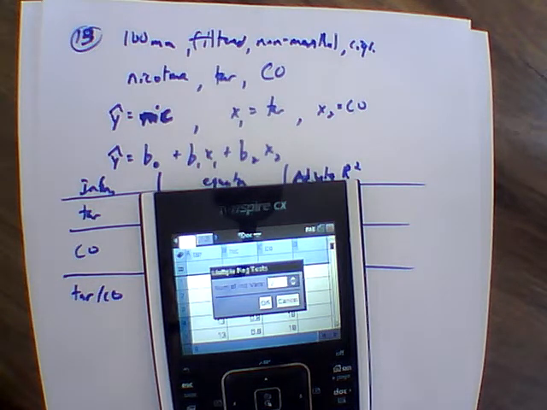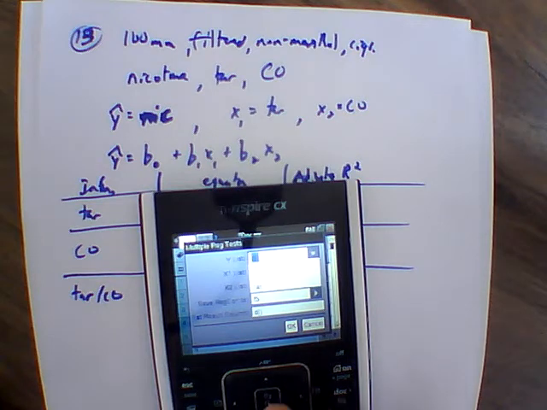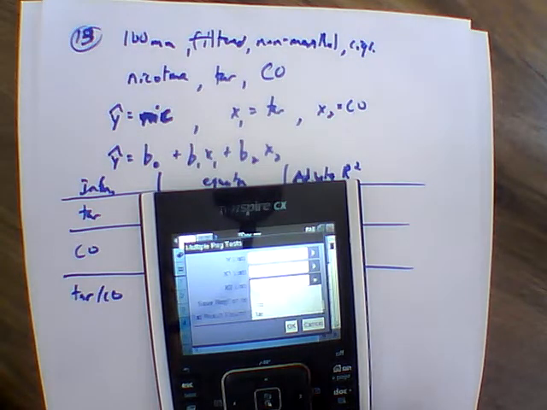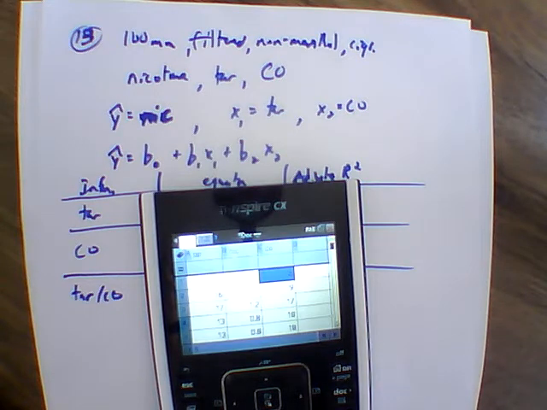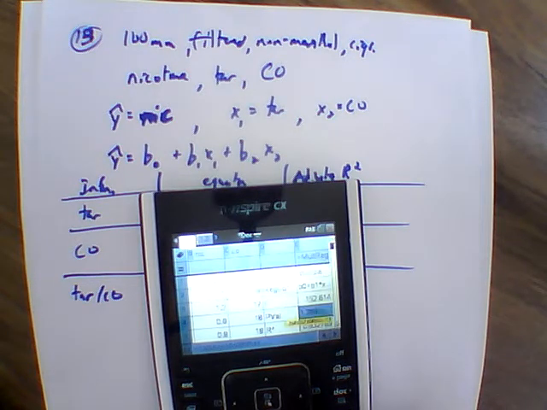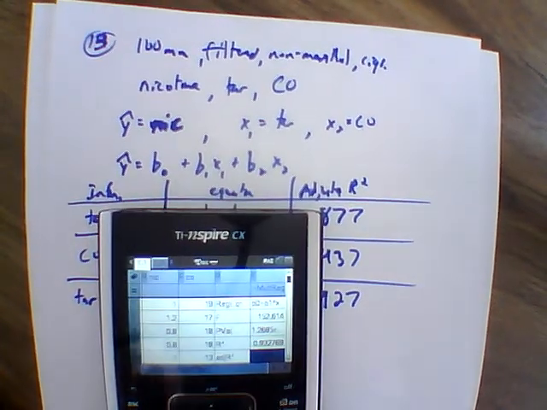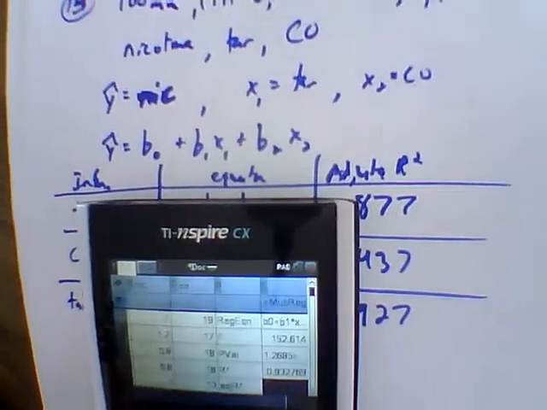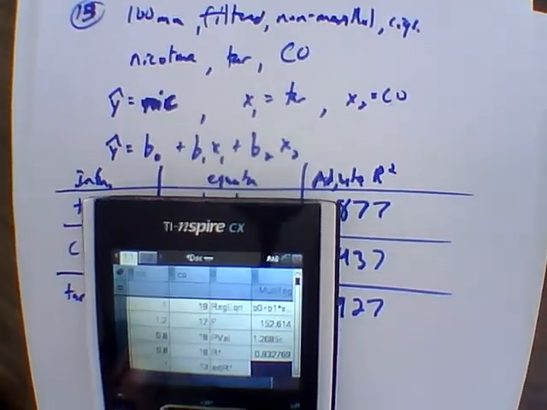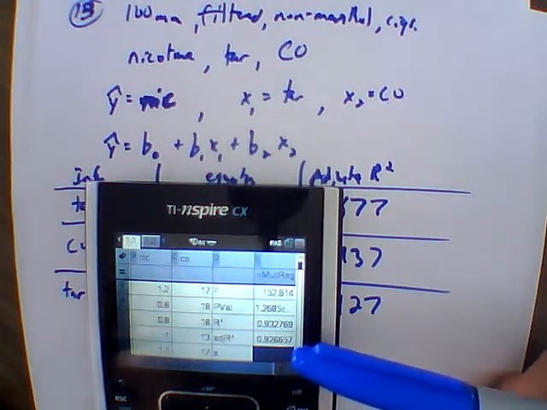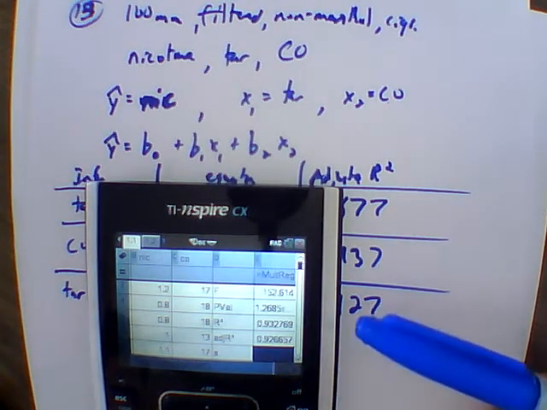We have 2 variables that we chose. So this was our nicotine. Our X1 was tar. Our X2 was carbon monoxide. And in here, notice we still get that same adjusted r squared value. Move this down a little bit so it's just a little better. So we still see that we're getting our adjusted r squared value. It's this one right here, 0.927.